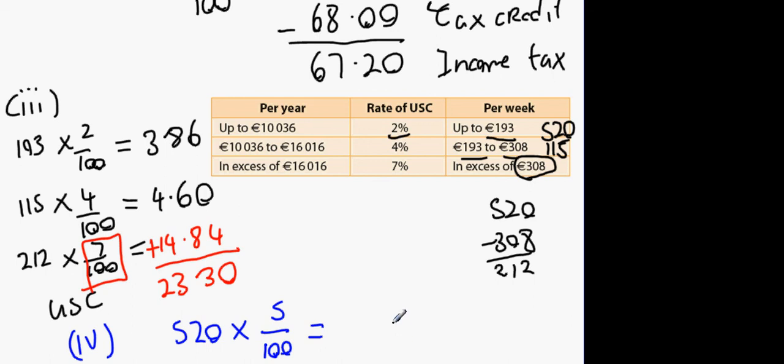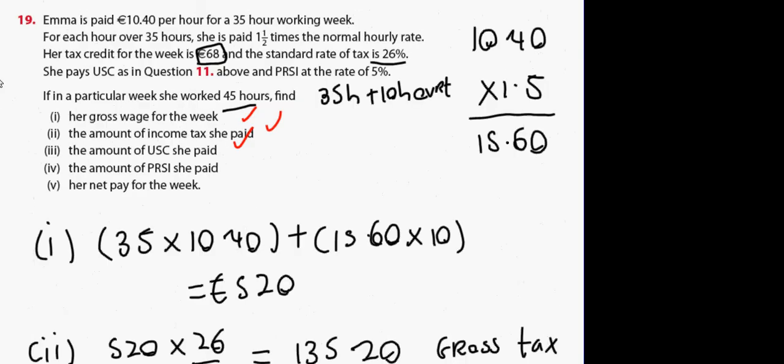Five multiplied by 520 divided by 100. 26. Okay, I said 0.6. 26 euro, okay? So €26 for part 4.